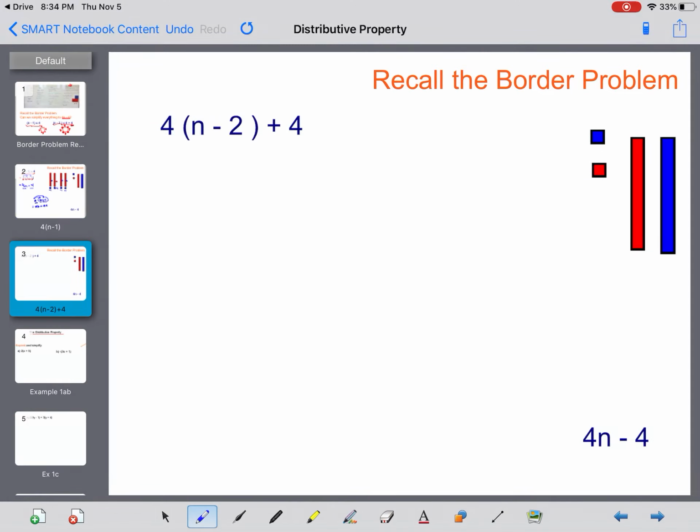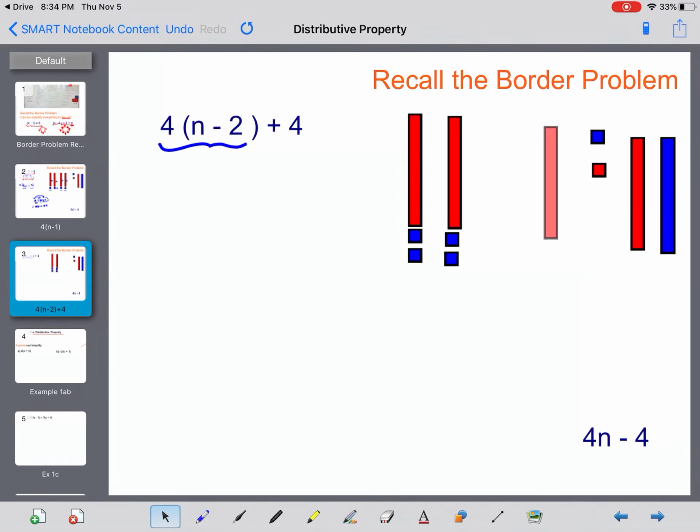So let's look at that other representation. Here, if we deal with this first part, this is saying we have 4 copies of n minus 2. So let's look at that again. Here's n, here's minus 2, and I have 4 copies of that. So here's another n minus 2, and another n minus 2, and another n minus 2.